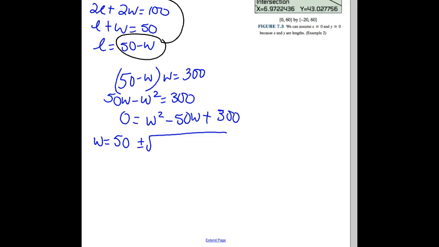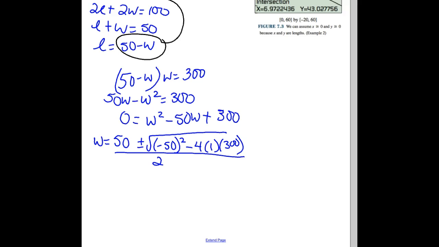What goes underneath that? B squared minus 4AC. All right, so B squared, we have negative 50 squared. That'd be 2,500. Minus 4 times 1 times 300. All divided by 2A, 2 times 1.